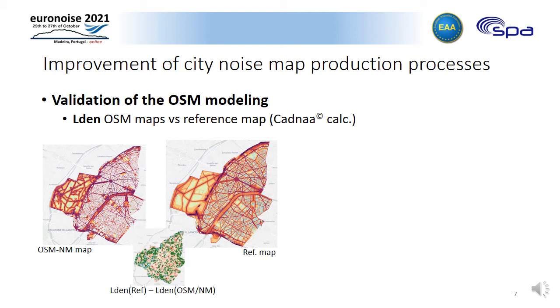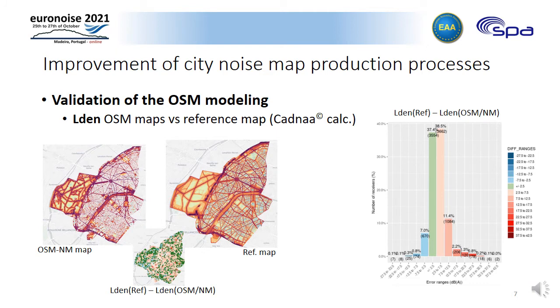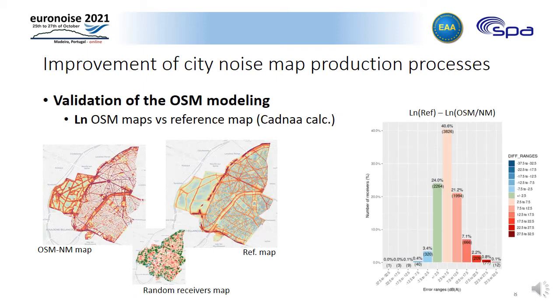The errors made on noise levels prediction are calculated with the deviation between sound levels of the two maps at some receivers sampled randomly in the map. An example of these results is given here, which enables us to compute the distribution of errors of Lden estimates. And we also made a comparison for Lnight estimate.